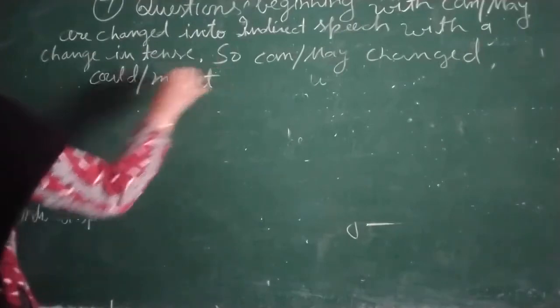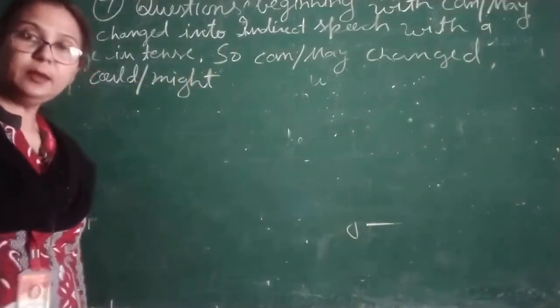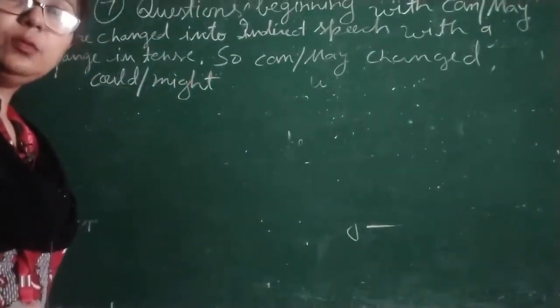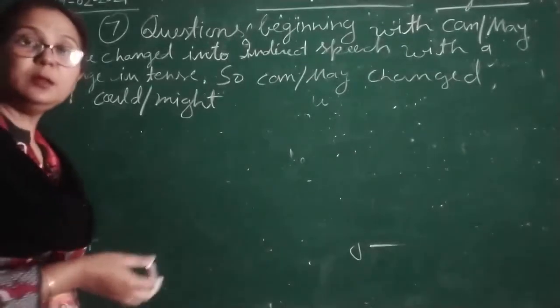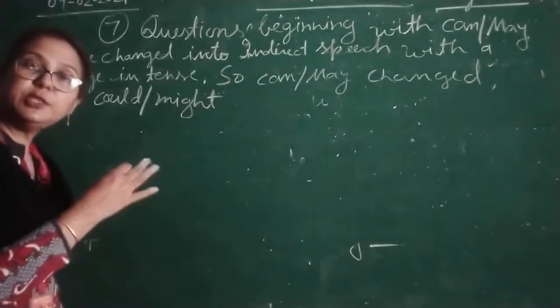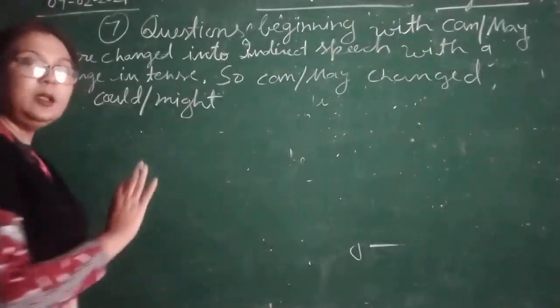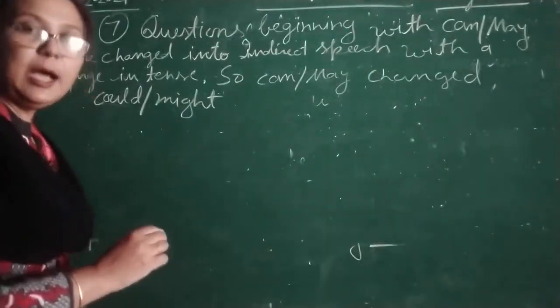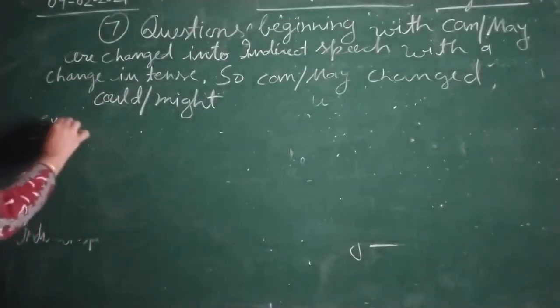And the rest of the thing will remain the same as we have discussed with shall and will. So in questions, if it is beginning with may and can, we will change the tense and we will write could and might. So I'll give you an example for that.